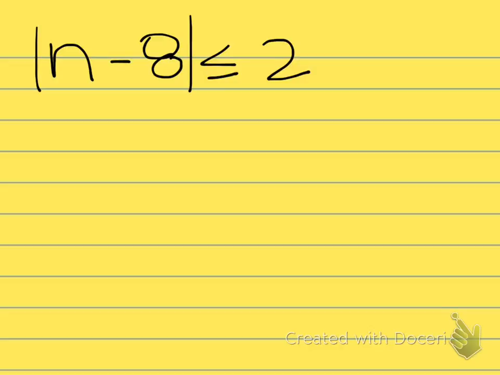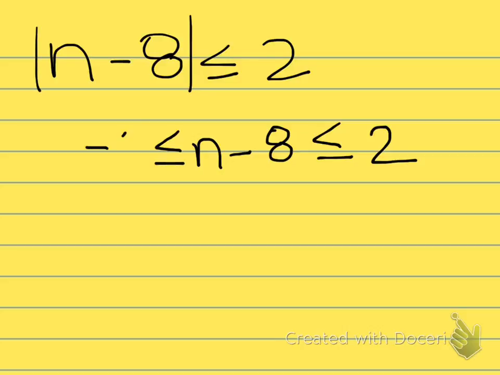So if it's a less than symbol, it's going to be an and inequality. So what I'm going to do when I set this up is I'm going to separate it out into 2 problems and write it as an inequality that's an and.